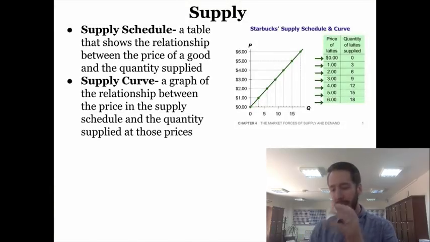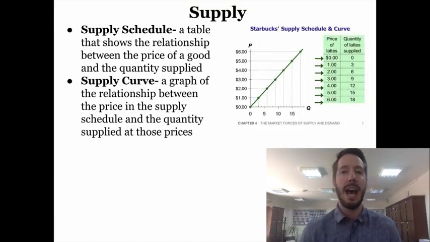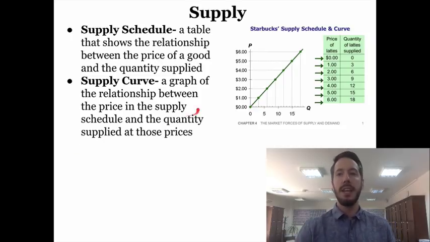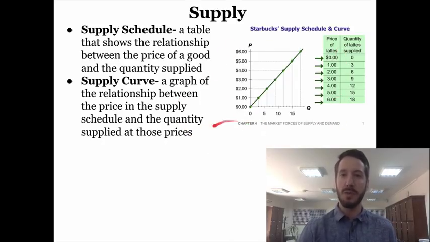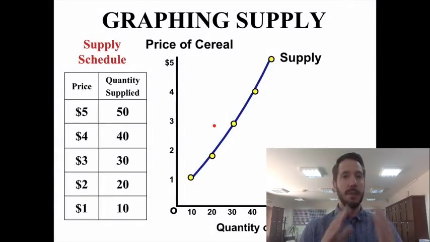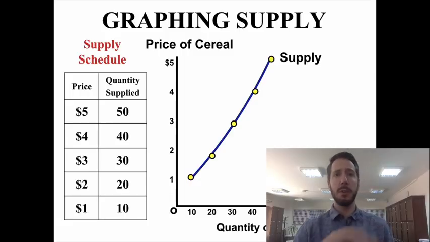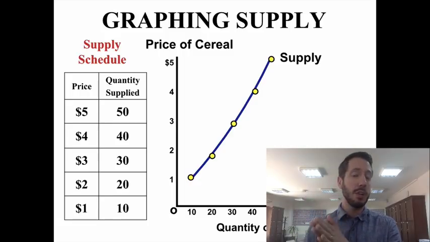So let's talk about some technical terms when we're looking at how to interpret supply charts. A supply table, like a demand table, is how much a firm is willing to produce for particular prices, and it looks like this type of curve. It's the representation of that data. So here's a particular supply graph.